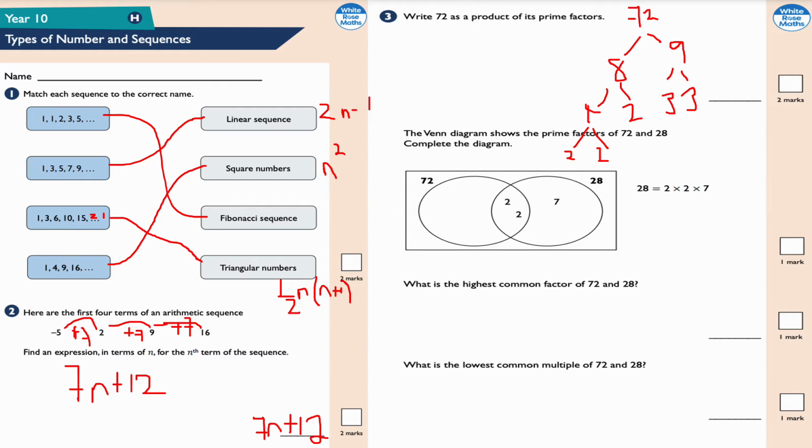So 2 and 2. All of these are what I call prime numbers.